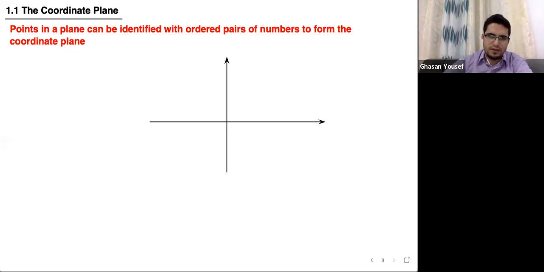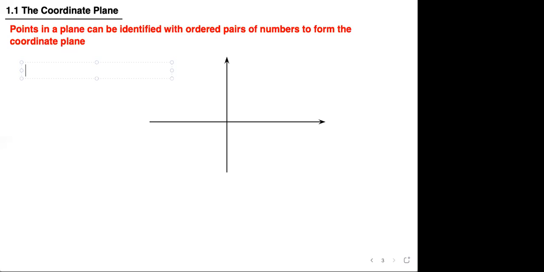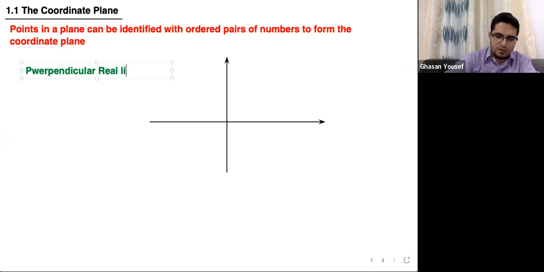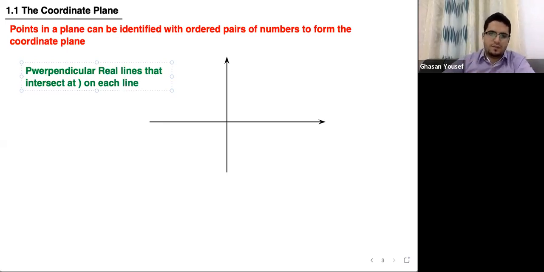So here I can say perpendicular real lines that intersect at 0 on each line.